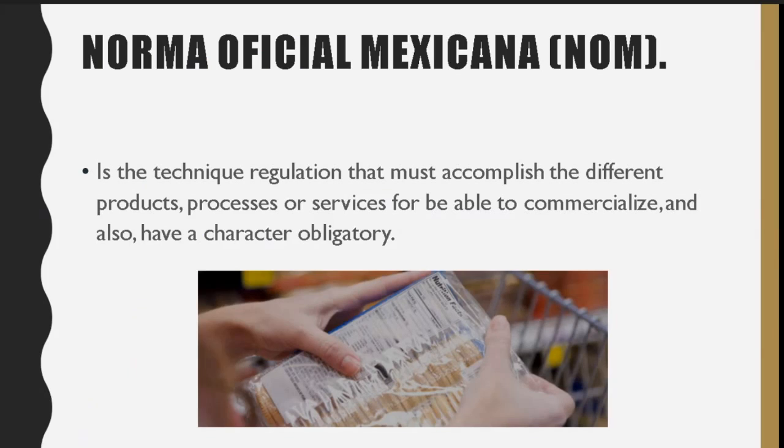It's a technical regulation that different products, processes or services must accomplish to be able to commercialize, and they also have an obligatory character. Okay, and this norm covers all things in electronic devices and foods and whatever.